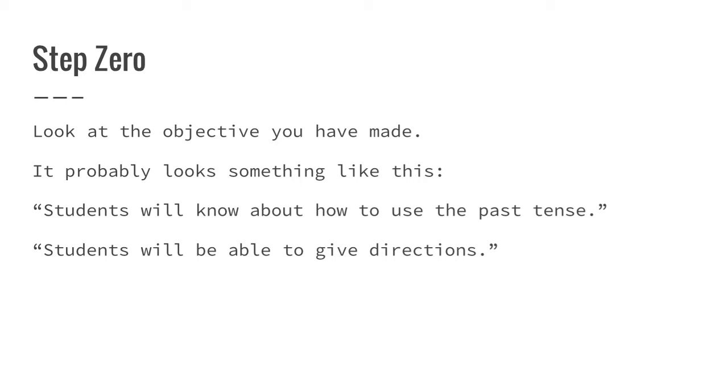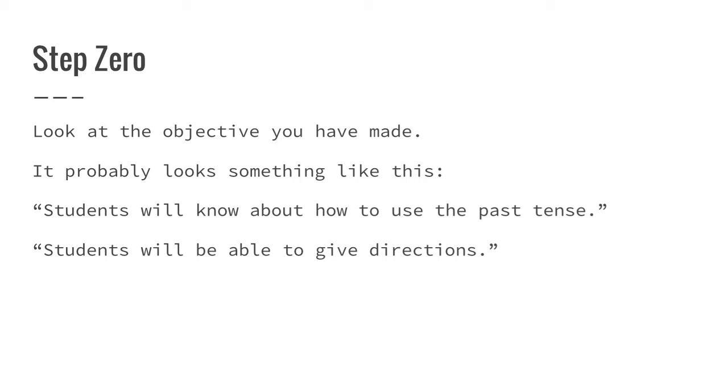So it's probably going to look something like this. Students will know how to use past tense. Students will be able to give directions, something like that. Students will know about the history of World War II, or students will know about Sejong Daewon, or something like that. These are pretty common kind of objectives, and the structure of them is pretty usual, right?